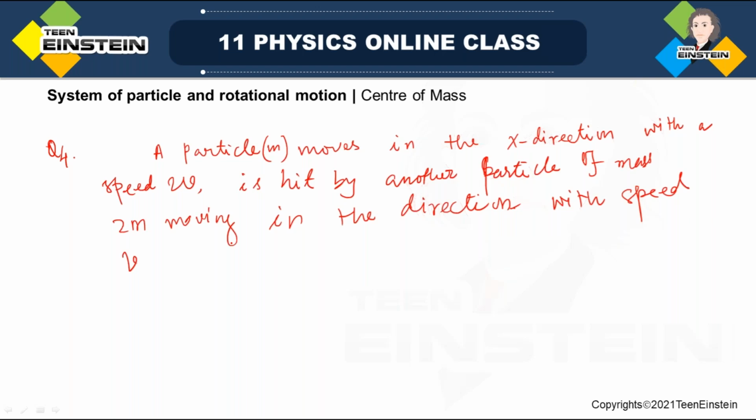If the collision is perfectly elastic, then the percentage loss of the kinetic energy during this collision is close to what?